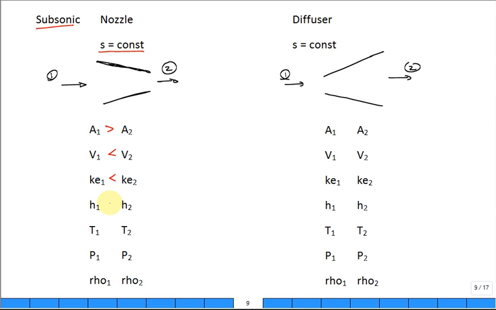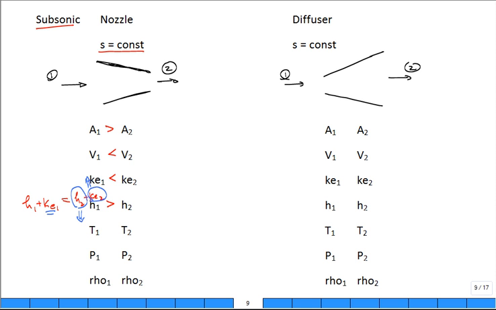H1 is greater because H1 plus KE1 must be equal to H2 plus KE2. True? And this is larger than this, so this is smaller. This was smaller, this is larger. How's that? To make it still equal.